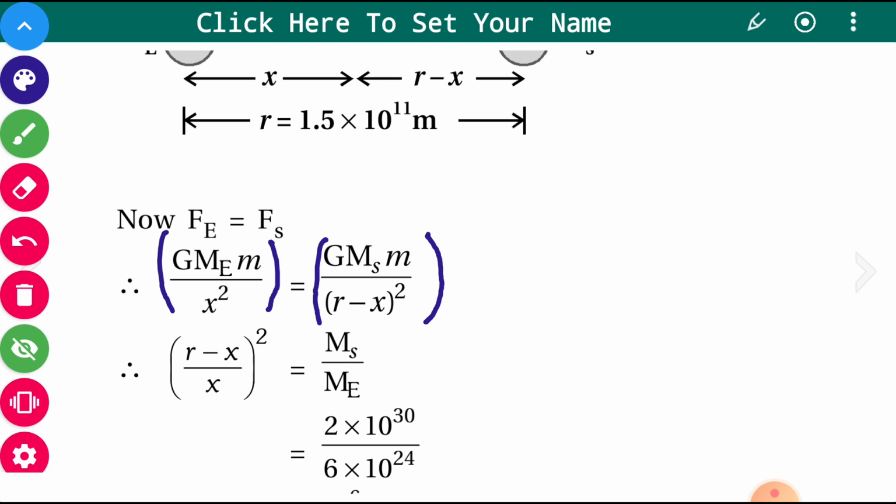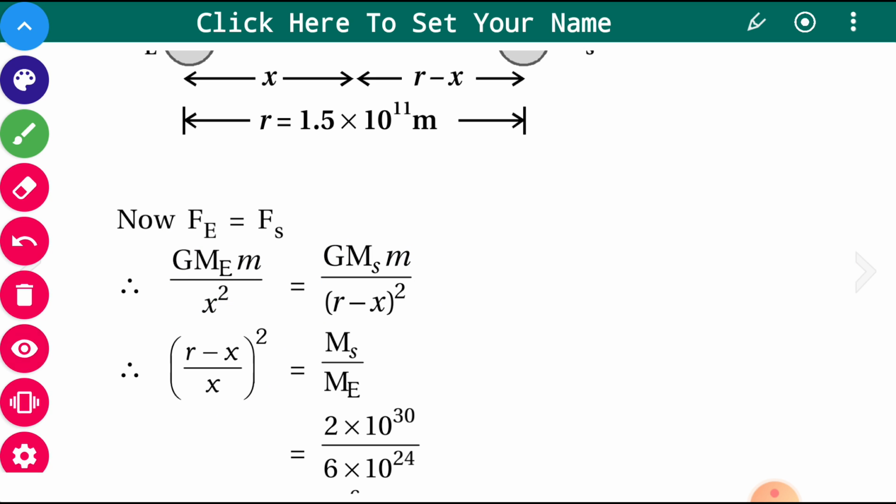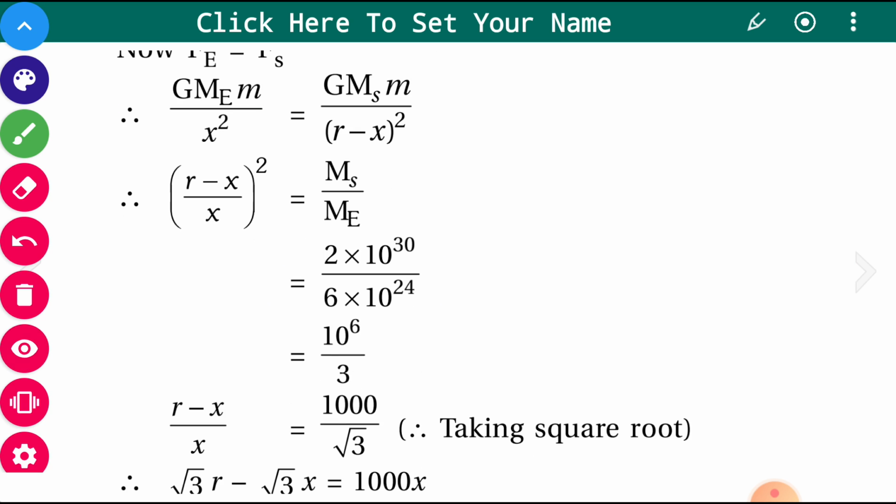Now G will be cancelled out, this m will be cancelled out. So you will have Ms upon Me, and this side it will be (r minus x) the whole squared upon x squared. So you can easily simplify now. Place the values of mass of the sun and mass of the earth.